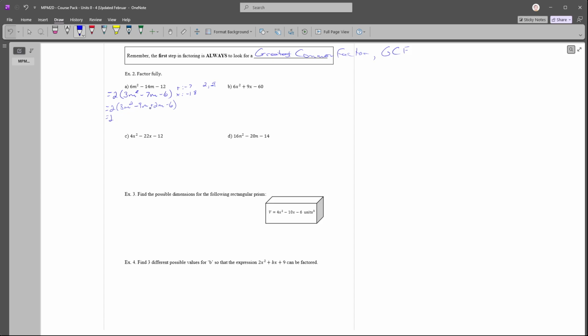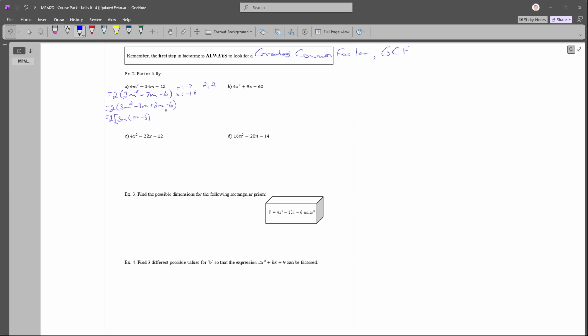What can we factor out from the first two terms? I'm going to use a set of square brackets here so we don't confuse ourselves. I can factor out a 3m here. So 3m squared divided by 3m just gives me m. 9m divided by 3m just gives me 3. What about this next one?